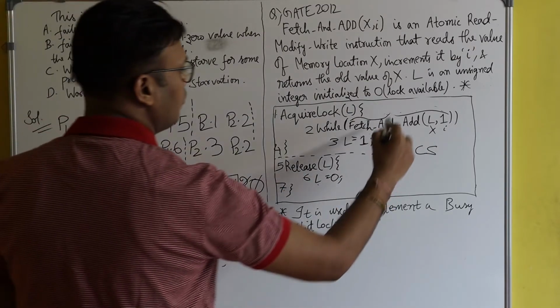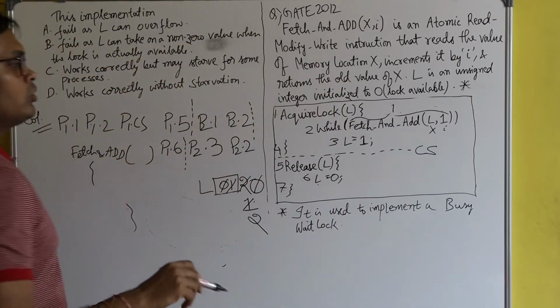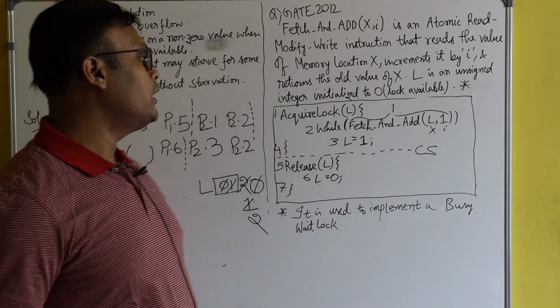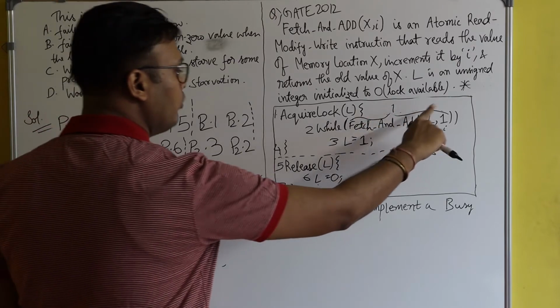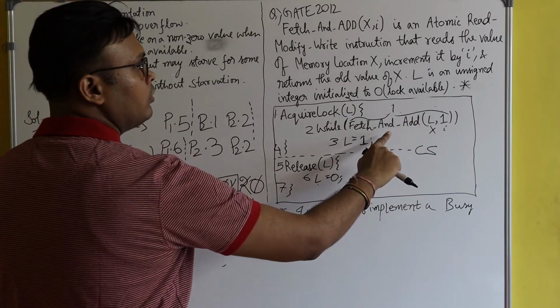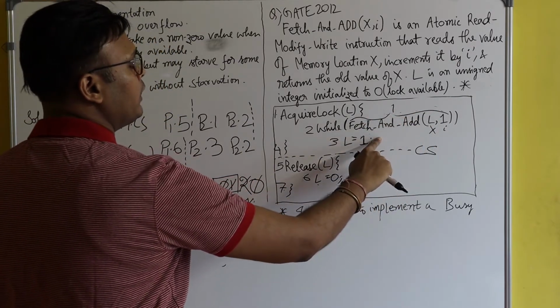So 1 is returned here, which means this condition is true. Again P2 will enter in the while loop.